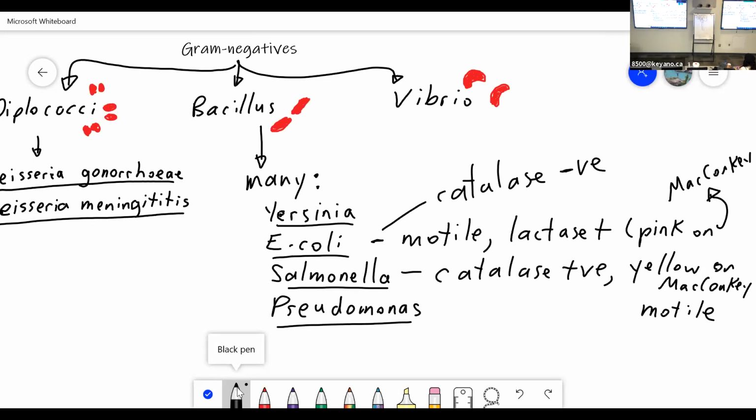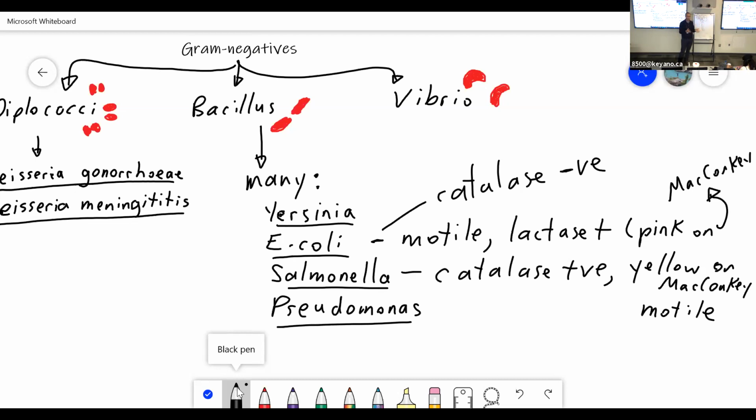Okay, so the last one is Pseudomonas. I think I've mentioned it twice. Unfortunately, it gets pushed off to one of the last lectures of the course. But it's a gram-negative organism. And one thing about Pseudomonas is it's extremely opportunistic, in that it rarely infects you if you're healthy, but it's very good at causing some sort of infection when you're not.